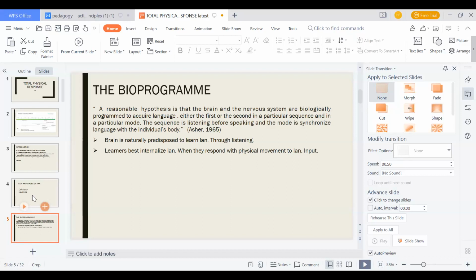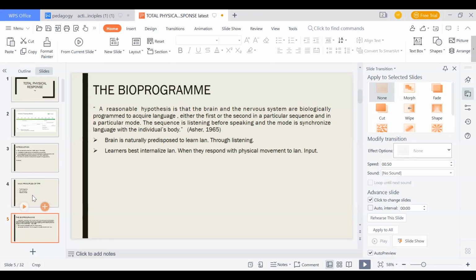Bio means biologically programmed. Okay, biologically, physically, we are programmed to learn a language like that. So to learn a language, how? Right? First, to learn the language by listening. Its brain is naturally predisposed to learn a language through listening. So that is one thing. So bioprogram means it's there in us, it's inbuilt in us. Each and every human being learns a language like that. So the first one is through listening. They listen first and then they actually learn the language.